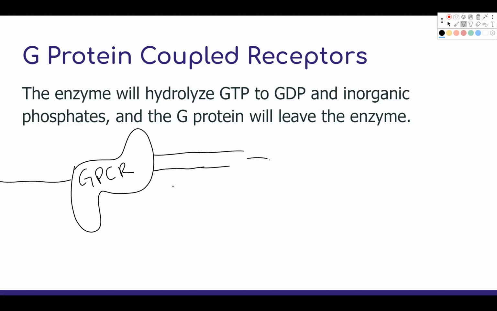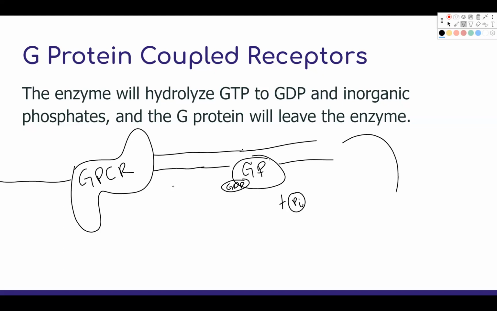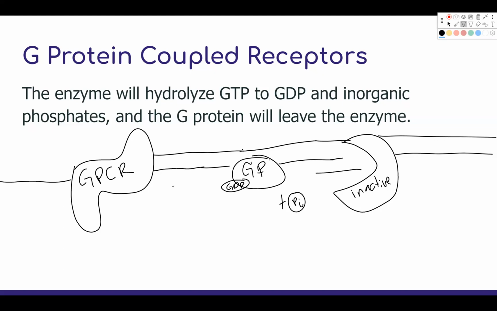What's going to happen is that G protein is actually going to have a GDP again, and we're going to have another random inorganic phosphate chilling over here. And our little Pac-Man enzyme is now going to be back to being inactive after it sends this away and releases this.